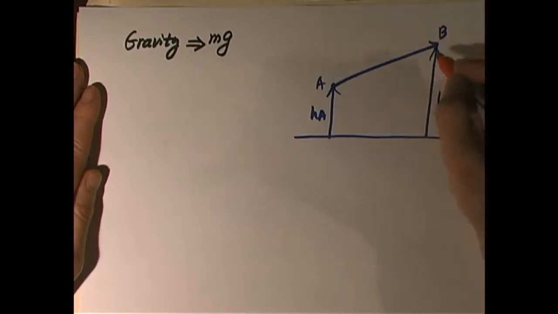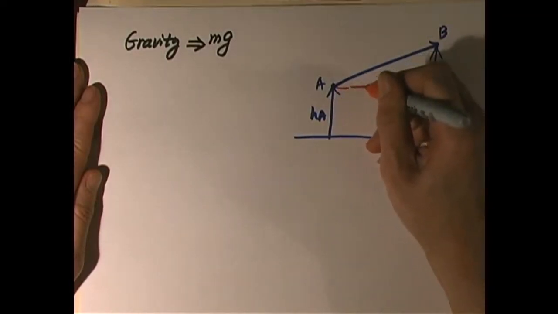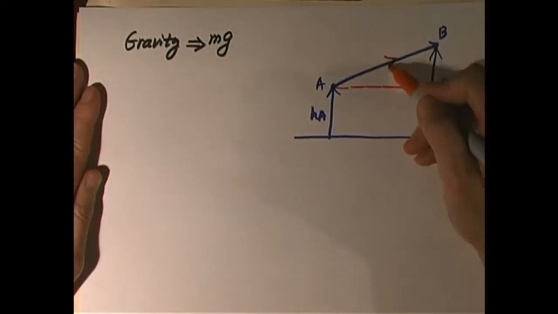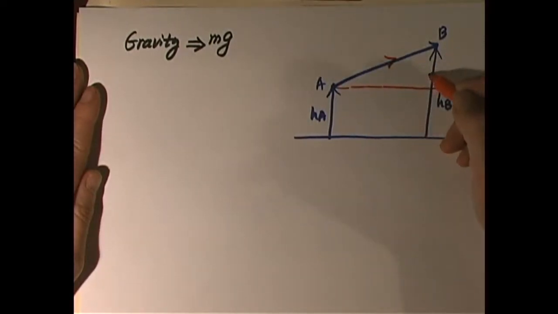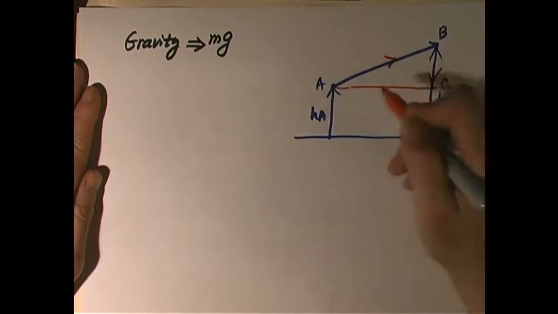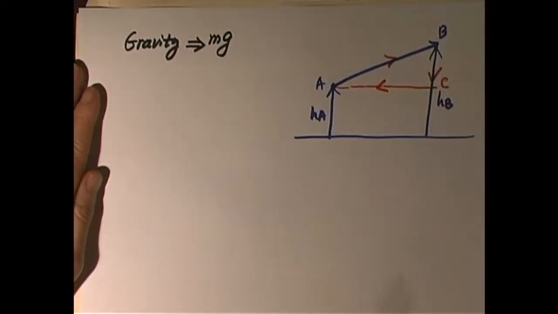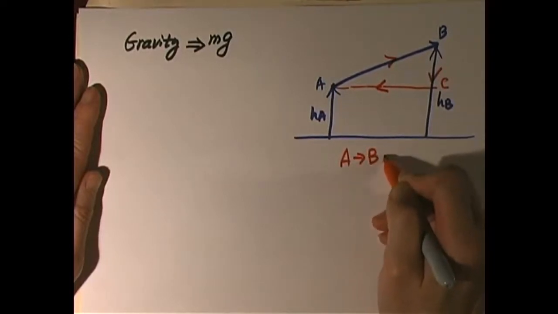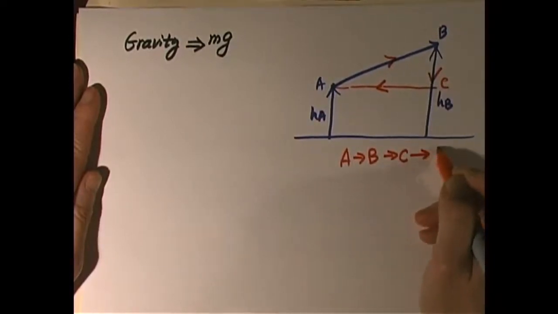First from A to B, and then let's choose a point C, where C and A are at the same height above the ground. So what we're going to do is start from A, go to B, then B goes to C, and C back to A. This is a closed path.